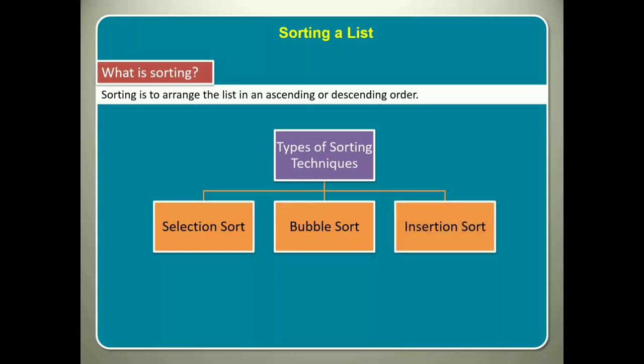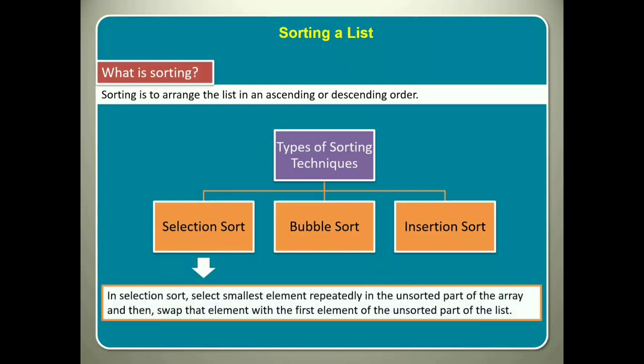Let us look at each of these in greater detail. First, let us understand about Selection Sort. In Selection Sort, you select the smallest element repeatedly in the unsorted part of the array and then swap that element with the first element of the unsorted part of the list.